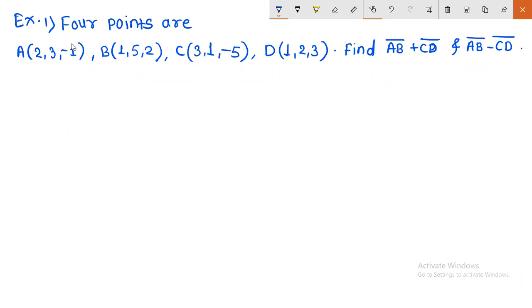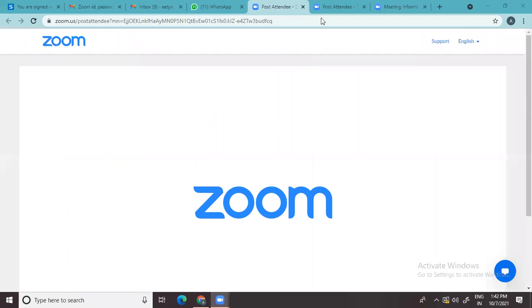So you have to find this AB bar plus CD bar. So just tell me how we can find this. Simply tell me the process, then I'll understand up to which point you understood whatever I am teaching.